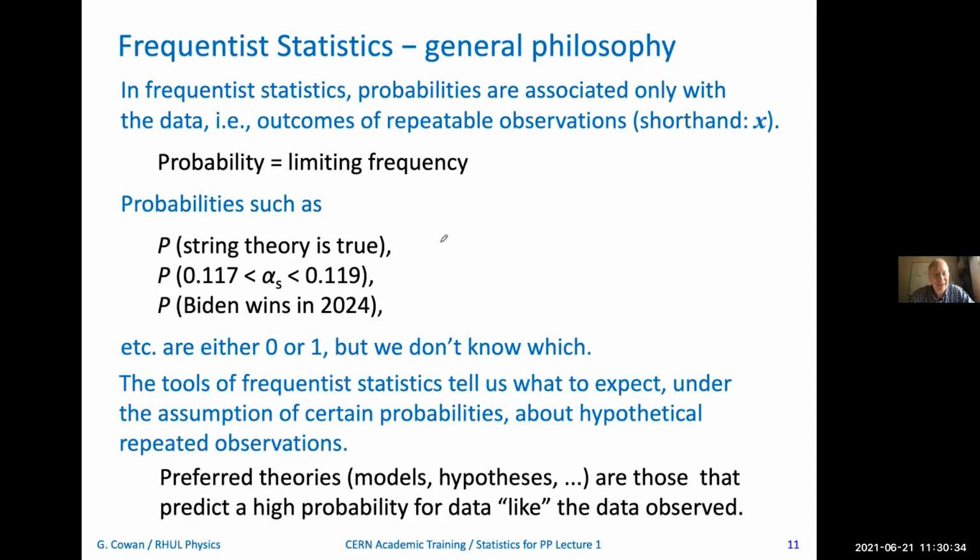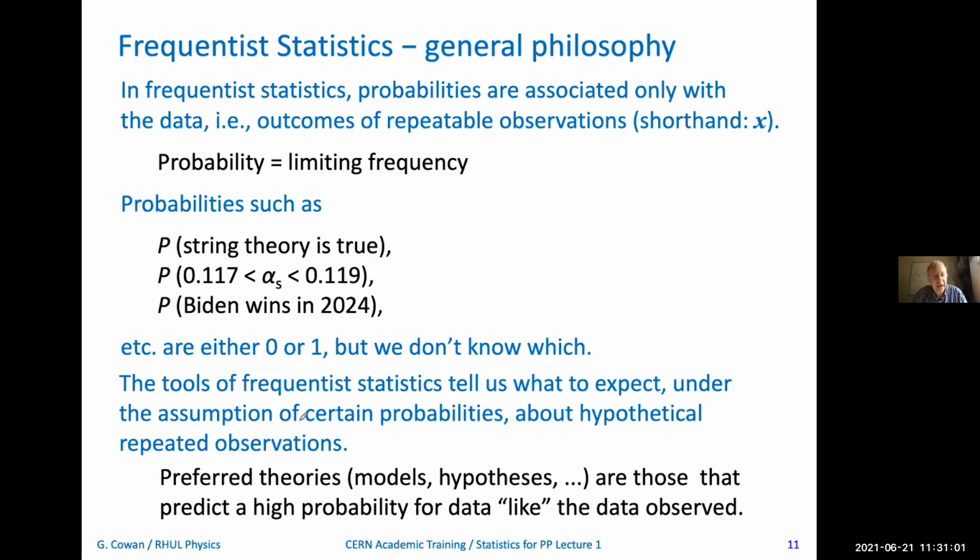And so you might say, well, hang on, how can I use frequentist statistics to address really the important questions, like, is string theory true? After all, frequentist statistics, what does it tell you? It only tells you what to expect for hypothetical repeated observations. How do you say in that context whether a theory like string theory is preferred or not?